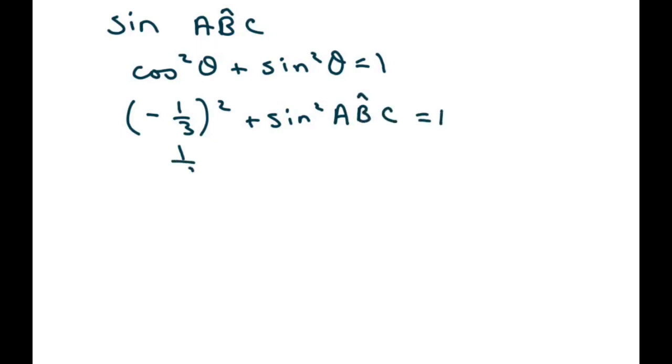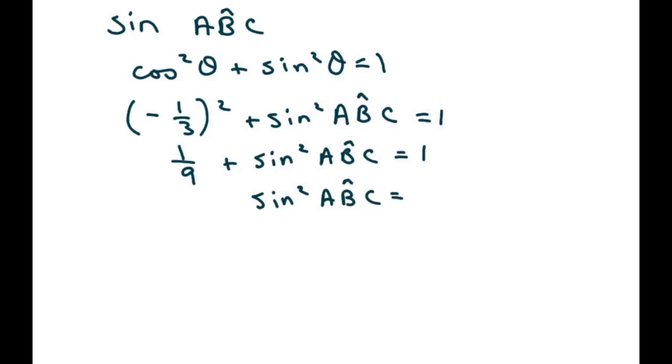So this is 1/9 plus sine squared of ABC equals 1. And when you subtract, you're going to get sine squared of ABC equals 8/9. I just did 9/9 minus 1/9.